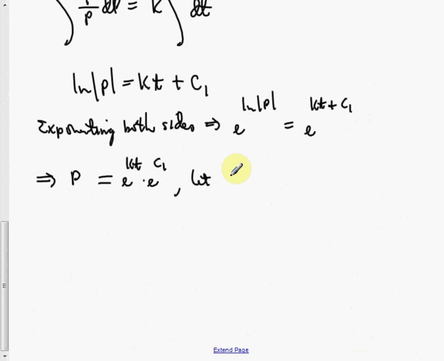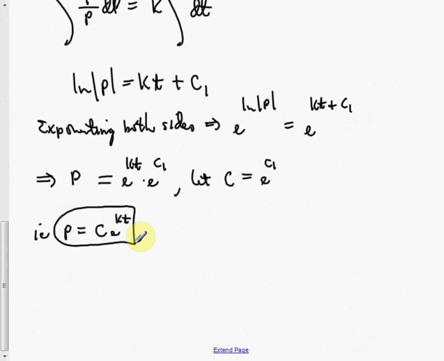Here, let capital C equal e to the c sub 1. Why? e is a base, it's a constant, 2.7, whatever, it's fixed. This c sub 1 is a constant. So a constant raised to a constant is also still a constant. See that? So the equation that we have is P is equal to C times e to the kt.